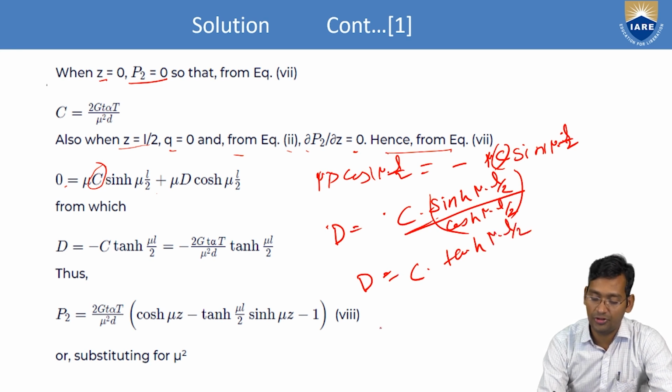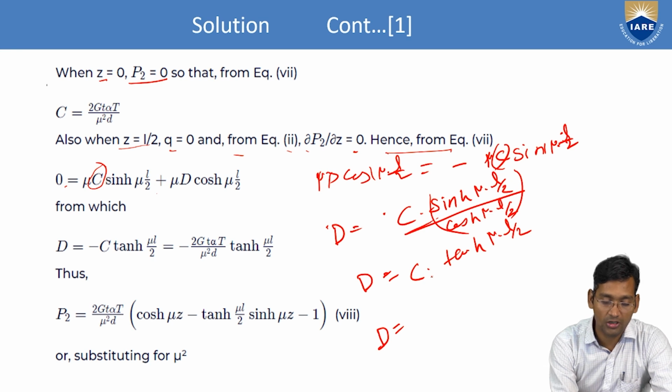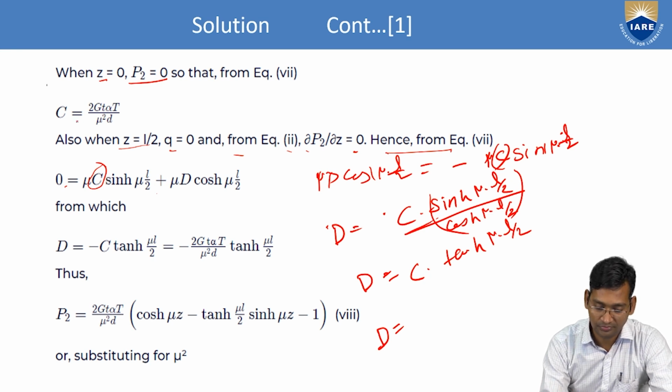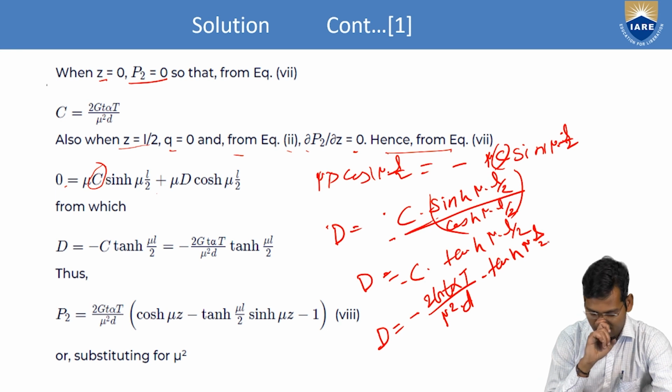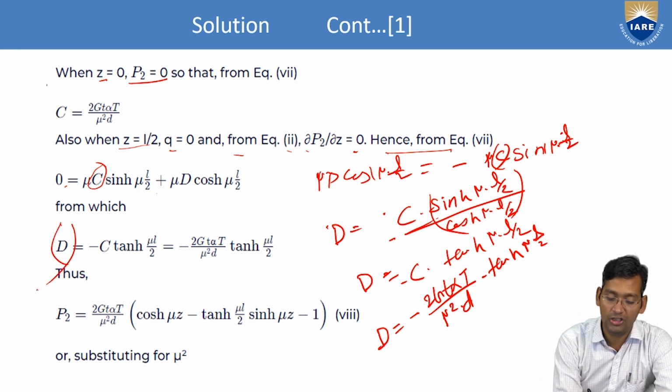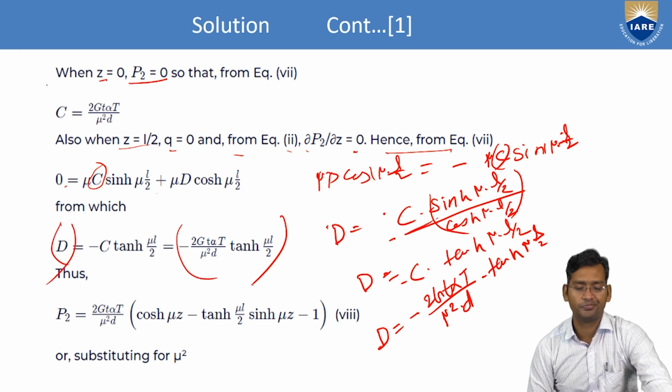Now put here the value of c. So d equals, c is this one, so with the minus, minus 2 gt alpha t by mu square d into tanh mu L by 2. Now we got d equal to this value.